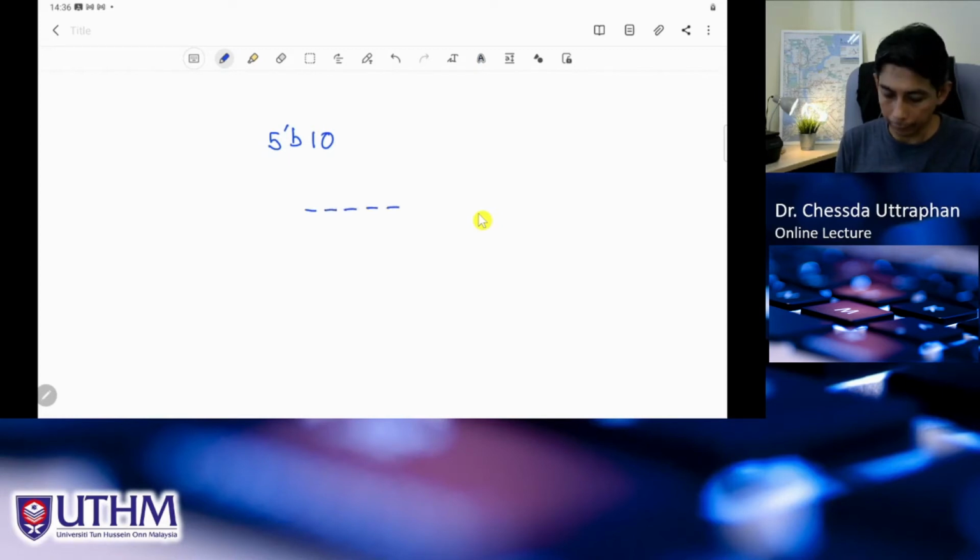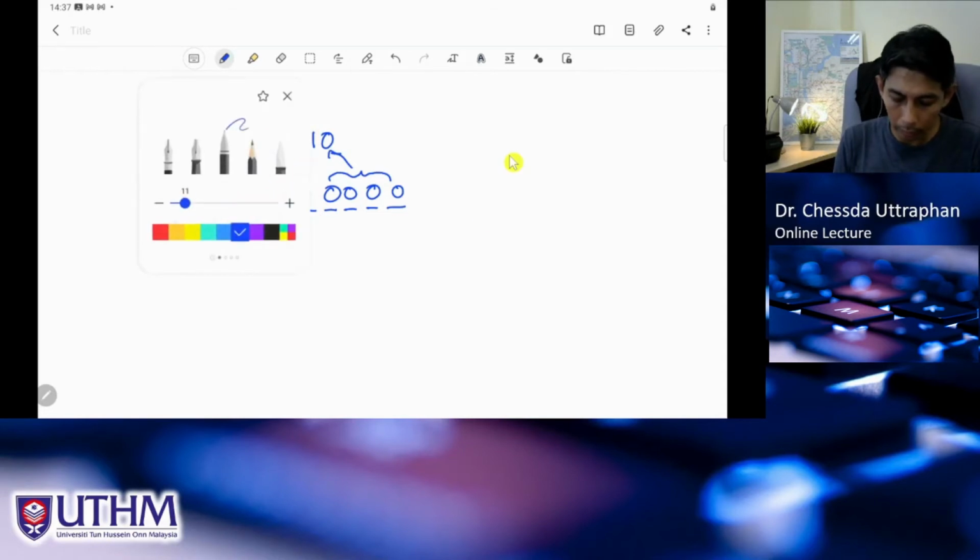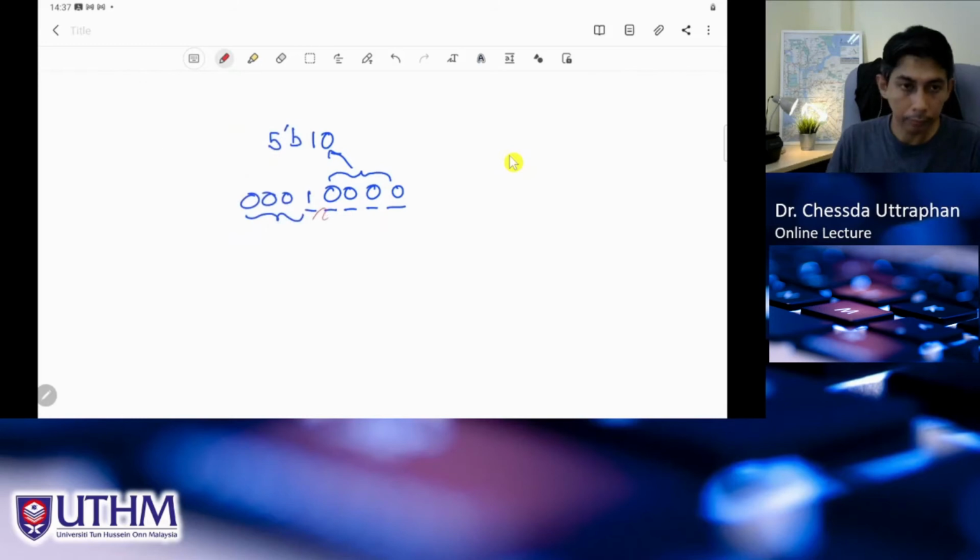This 0 is a 4-bit hexadecimal digit, in binary 0, 0, 0, 0. And we have 1. Actually, in hexadecimal it should be like this, but because we only say that our number is 5 bits, we only count this.